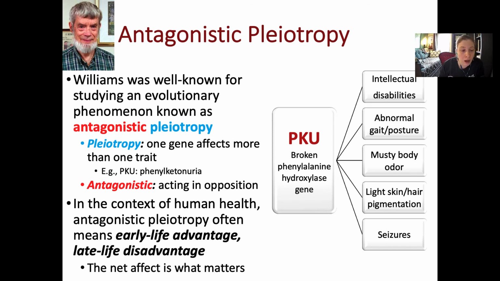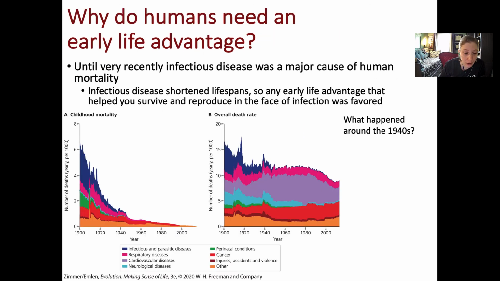And so in the context of human health, antagonistic pleiotropy often means an early life advantage and a late life disadvantage. And as long as that net effect is a positive one, so that the early life advantage outweighs the late life disadvantage, the trait will evolve. And so let's explore this antagonistic pleiotropy in the context of a human health example.